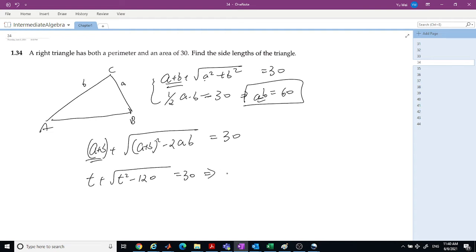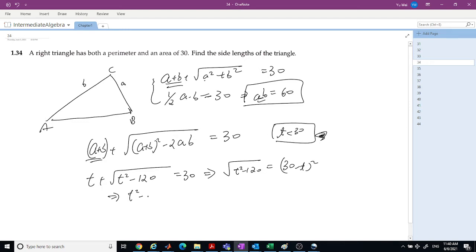Then we have the square root of t squared minus 120 is equal to 30 minus t. Then we square both sides, right? So t should be less than 30, otherwise it doesn't work, okay? Remember this. And t squared minus 120 is equal to 900 minus 60t plus t squared.